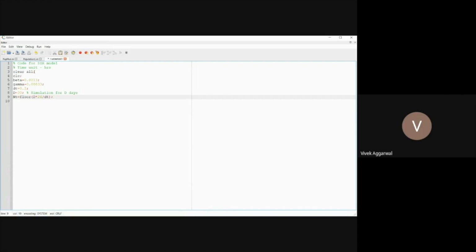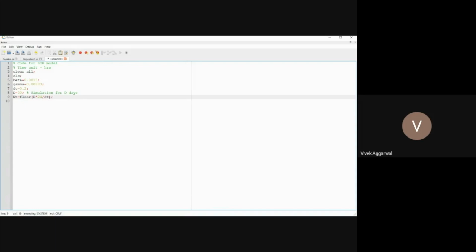In this case, if I take d equal to 1, then it is 24 by dt, so it will simulate for 1 day. If I take d equal to 2, that is 2 into 24, because I am taking the unit as hours. So 2 into 24 means 48 hours. So 48 hours divided by dt will give you how many iterations are needed.